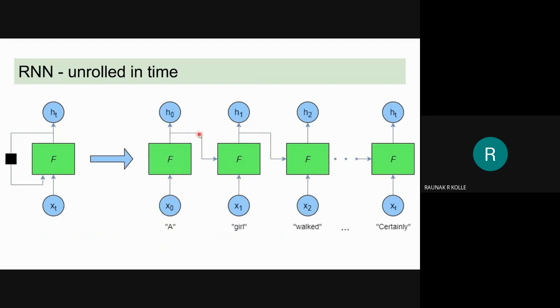A part of that gives the new weights to the function in the next step, where the input is the word girl. The output from this is given as new weights to the function in the next scenario, where the input is walked, and so on until the last input, which is x of t, t being the size of the sentence.